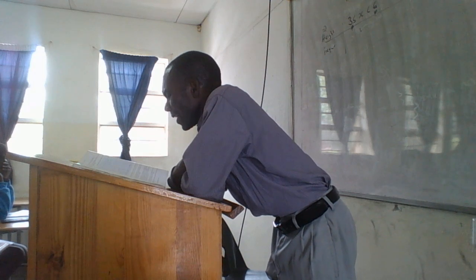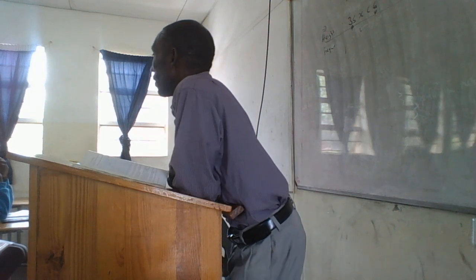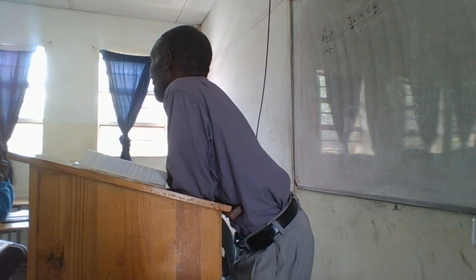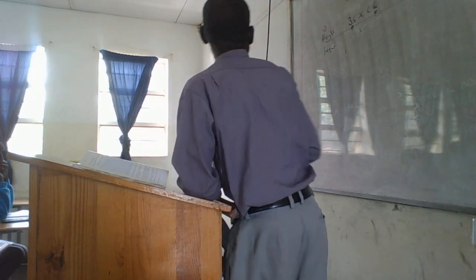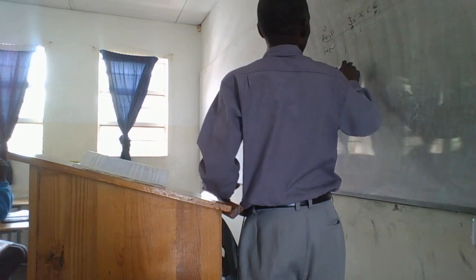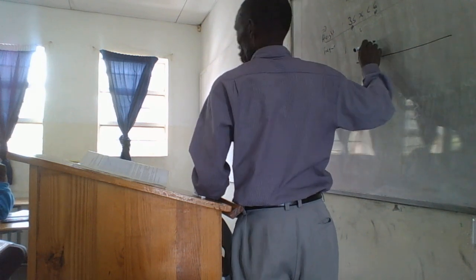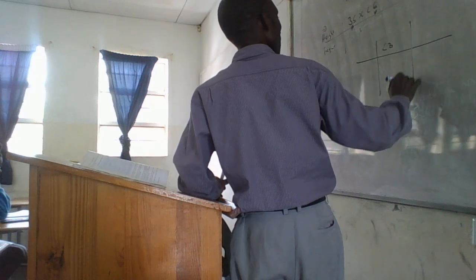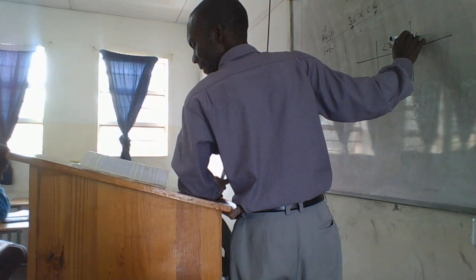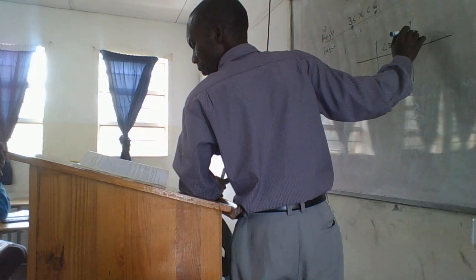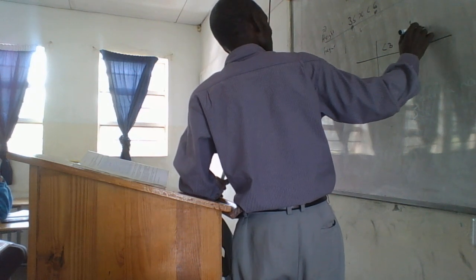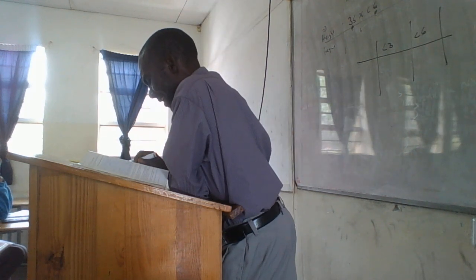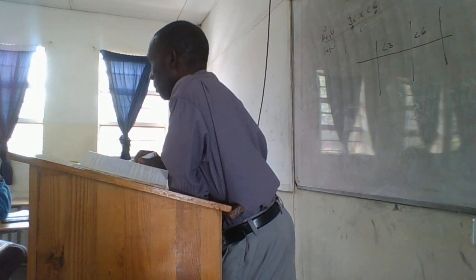Now what they are talking about there is cumulative. For the first one, less than 3 is 0.